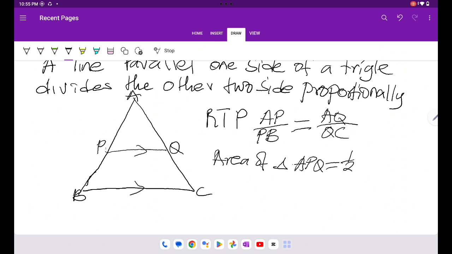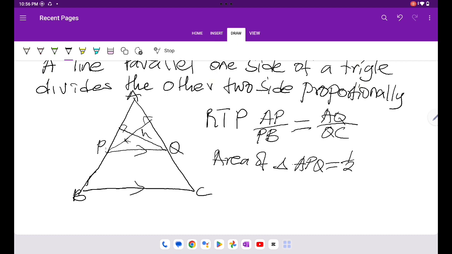Now we want AP as a base, so we must construct a height that goes to AP. That's our construction. We construct a height, which we can call H. We are also going to construct a height to AQ, another height, which we can call K. You can give it any name.